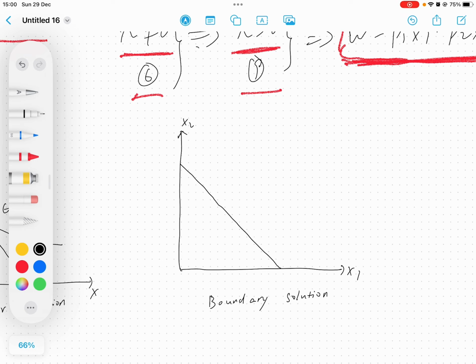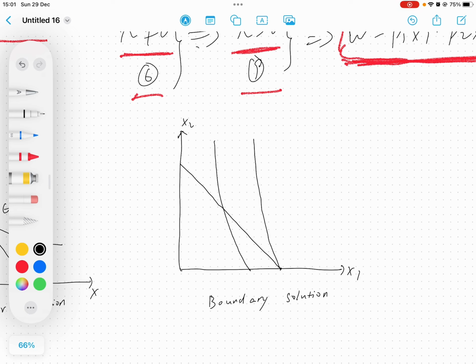As before. Now this utility function doesn't look like the one on the left. It doesn't look like before. Now it looks like this. And if we move this utility function higher or to the right, then we can see that the only tangent point, or only solution, would be in this corner.